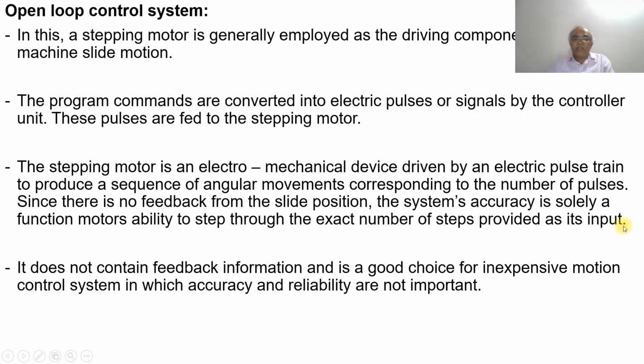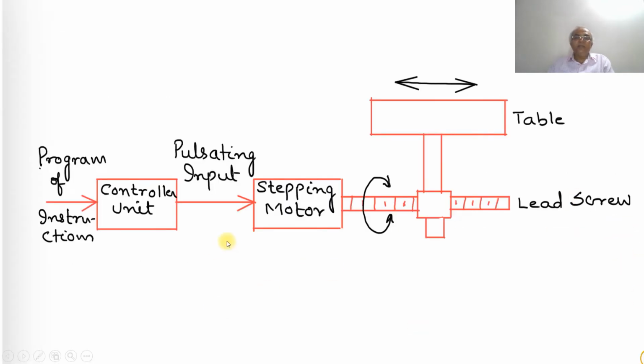As there is no feedback device, suppose I say X is equal to 100, Y is equal to 50, then the table may move only in X and Y directions by that much amount. Whether it has moved to that particular position or not, we will not be able to know. We are just giving the value.